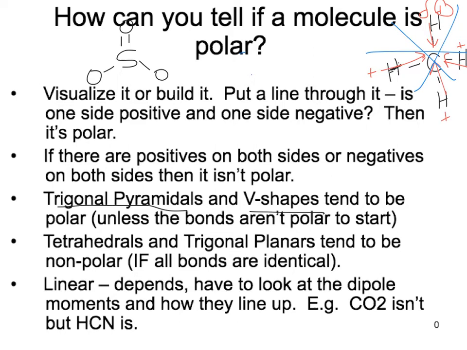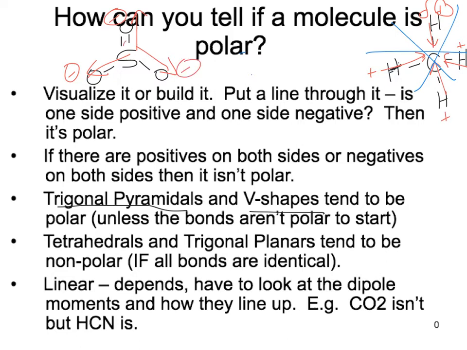Okay, I'm not going to draw the lone electrons in, they should be there. So with this one, oxygen is a little more electronegative than sulfur, if we look at the values. So what we find here is, again, I'm not going to do the deltas, this is only partially negative.